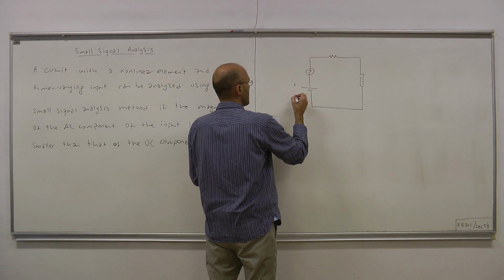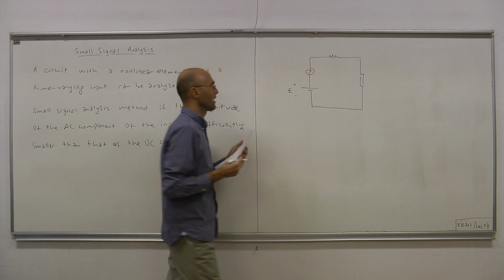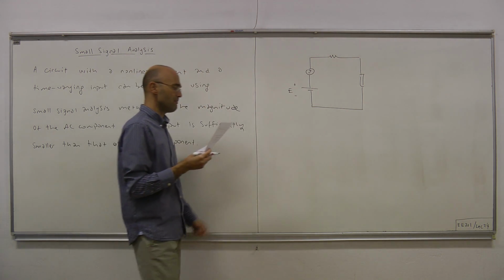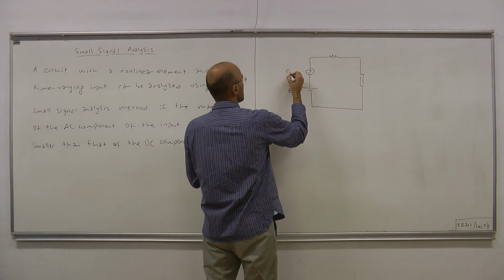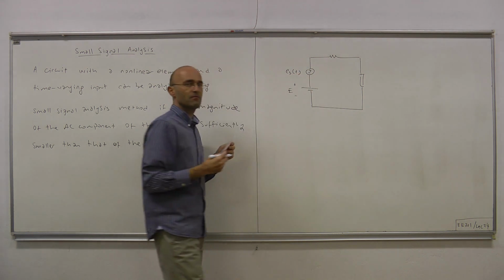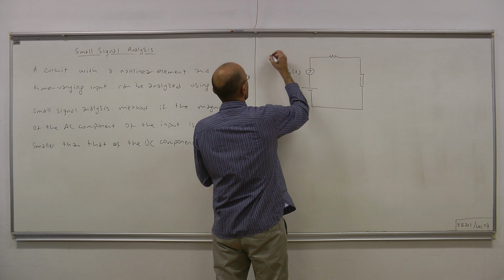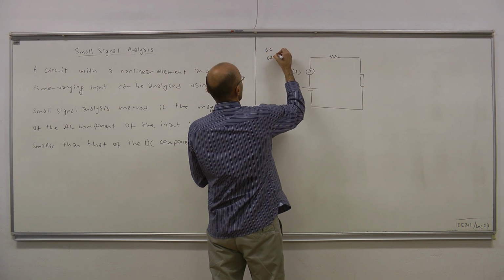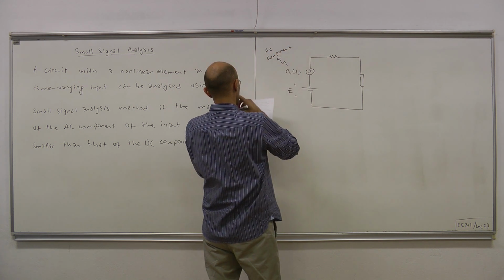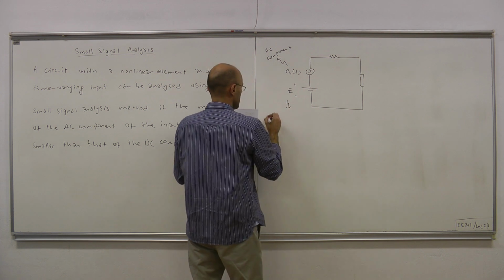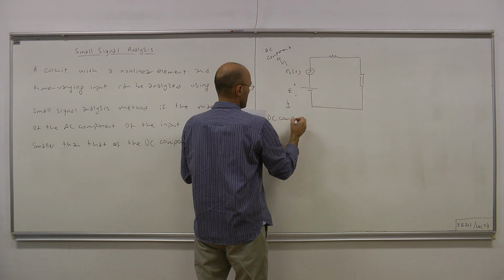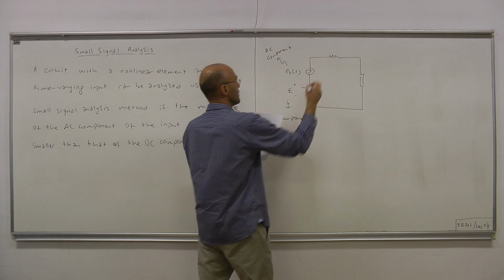Again, let's call the constant voltage E, capital E, and here we have ES of T, the AC component. And here this is the constant DC component.